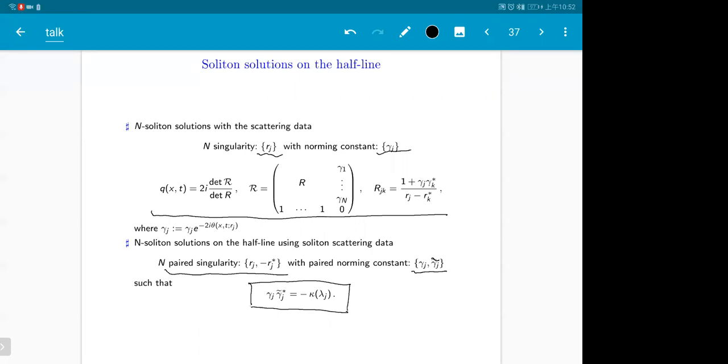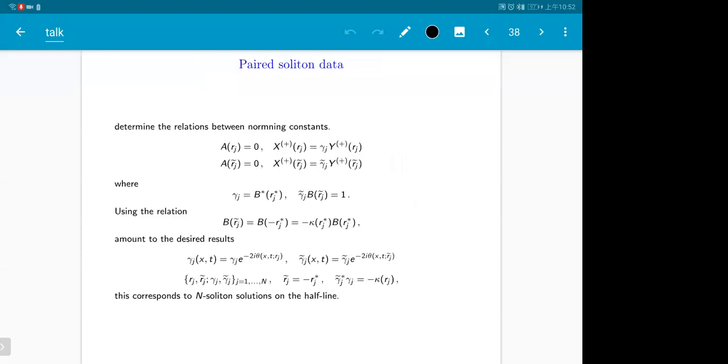So the proof of this last piece, the paired norming constants, can be done in this way. If we have this R J and R tilde J as zeros of A, then we know that this X plus and X minus are proportional to each other. They are related by the norming constants.